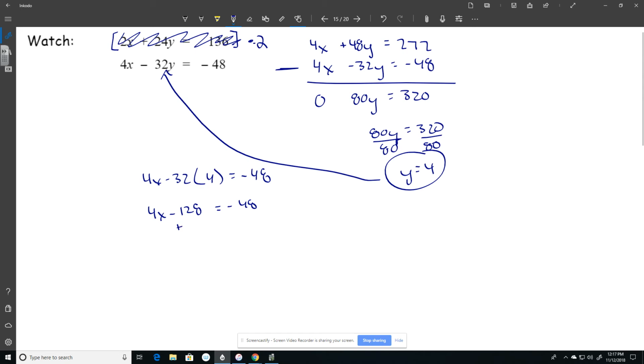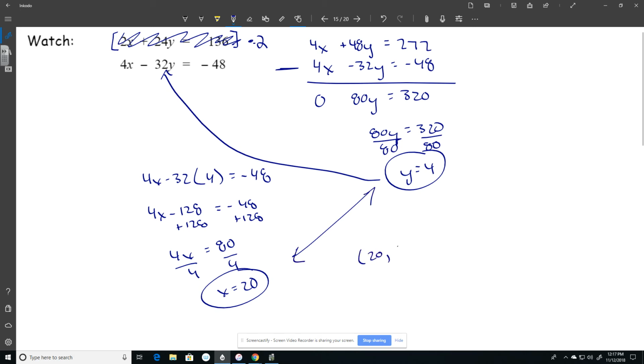Now to move this over to get x by itself, I'm going to add 128. So 4x equals negative 48 plus 128, which is 80. Divide by 4. x is equal to 20. So my solution right here, x is 20 and y is 4. That would be my solution for this system of equations.